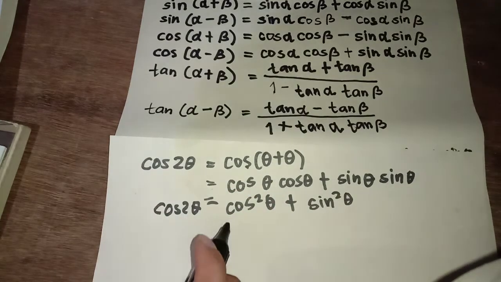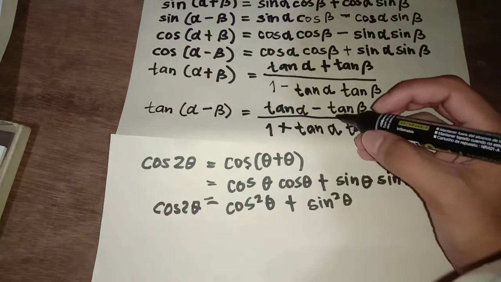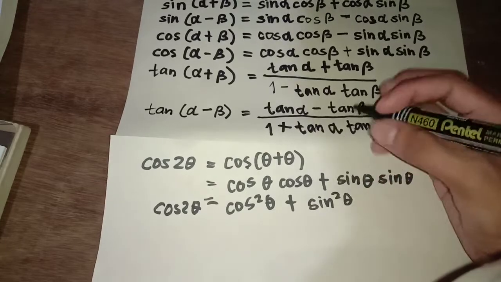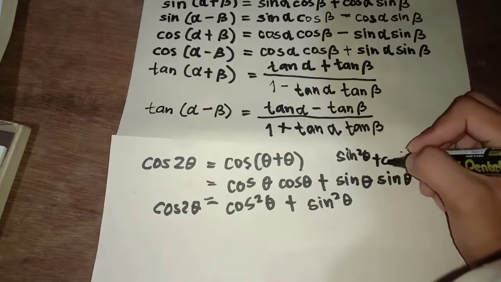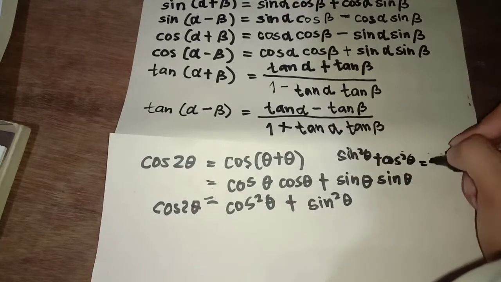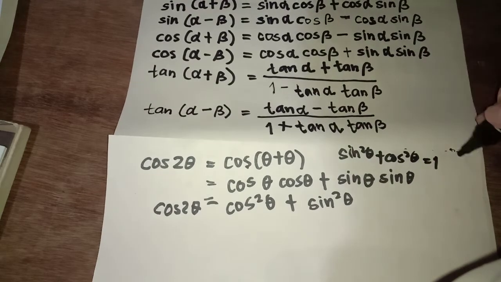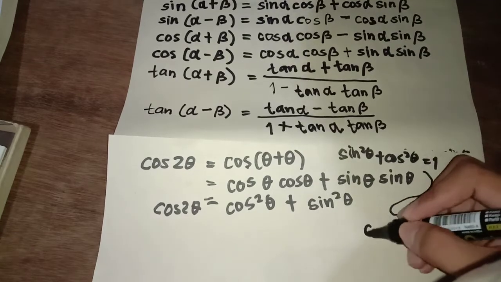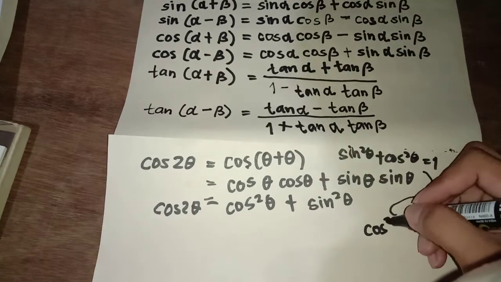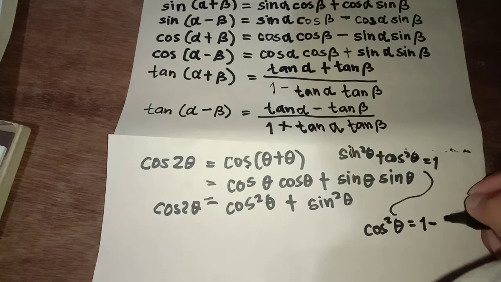Now you can notice that cosine squared theta also has an identity. Previously in our video, we tackled that sine squared theta plus cosine squared theta is equal to 1. Then if I interchange the sign, cosine squared theta is equal to 1 minus sine squared theta.